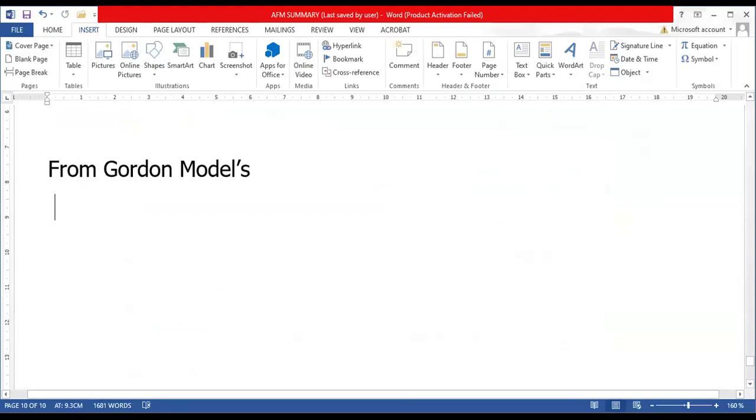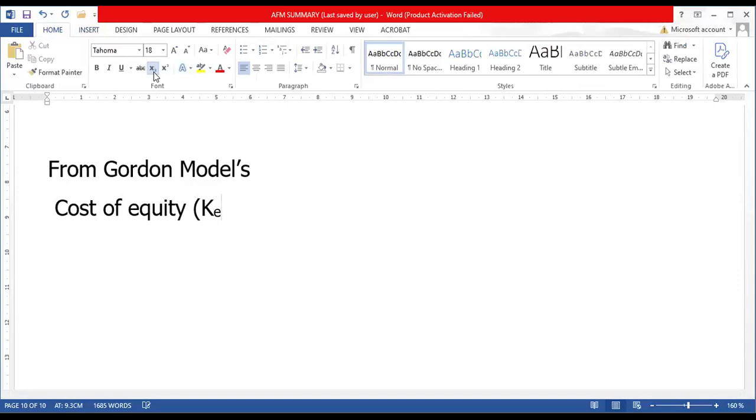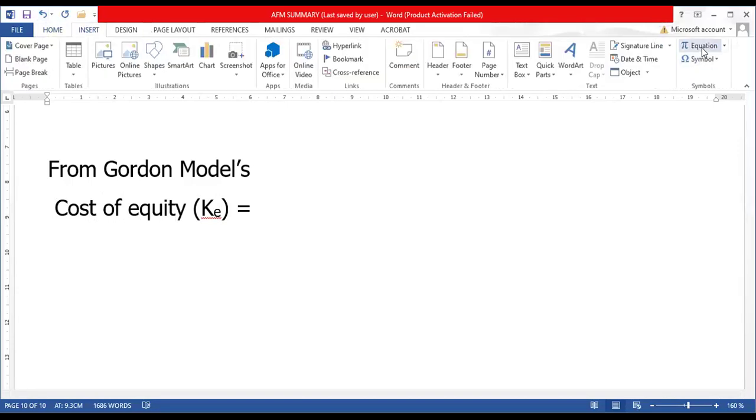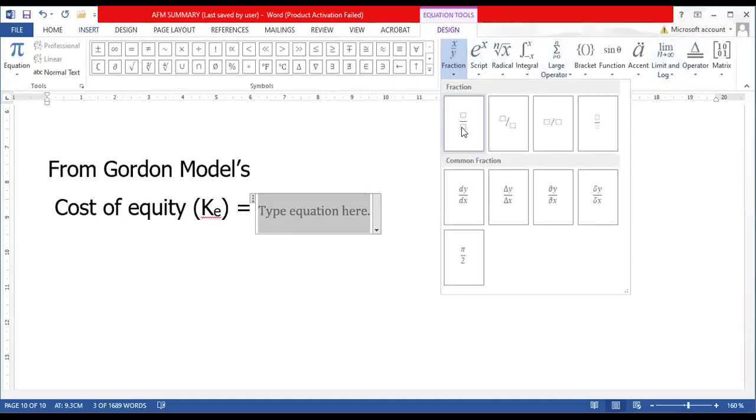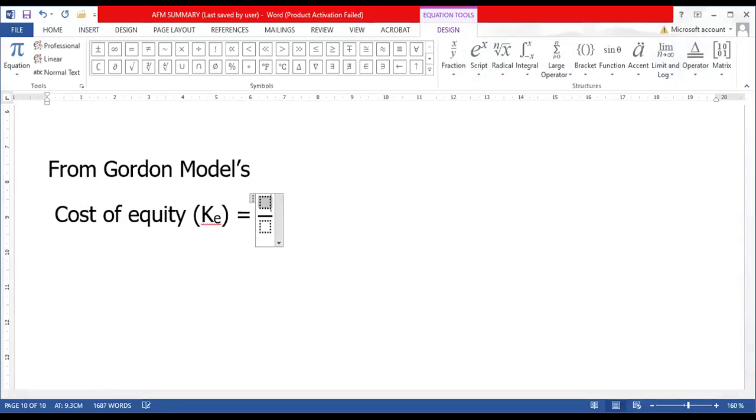Another Gordon's model. Gordon's model says that when we are computing cost of equity, or return, depending on how you want to call it, cost of equity, which is KE, is equal to D1 over P naught.